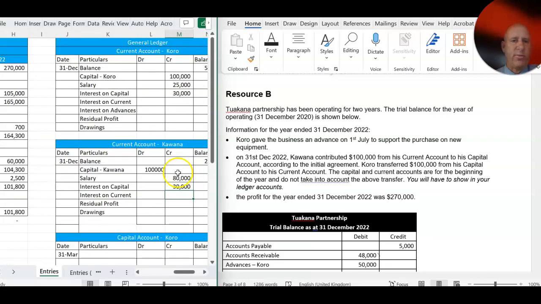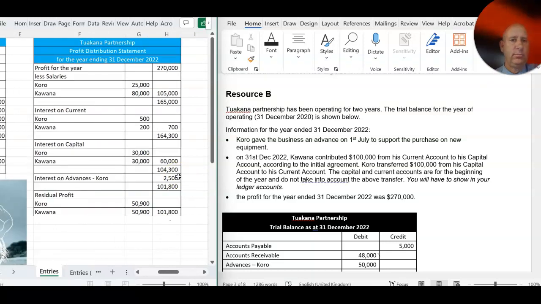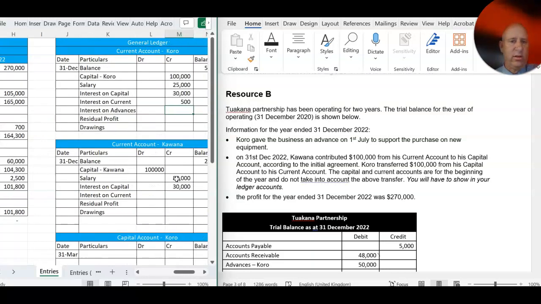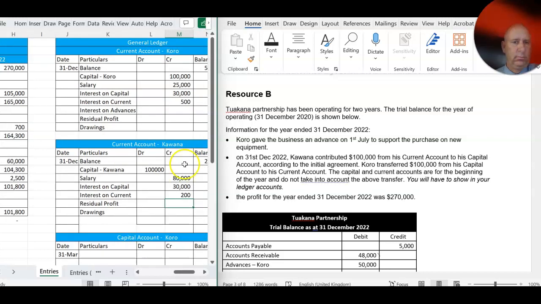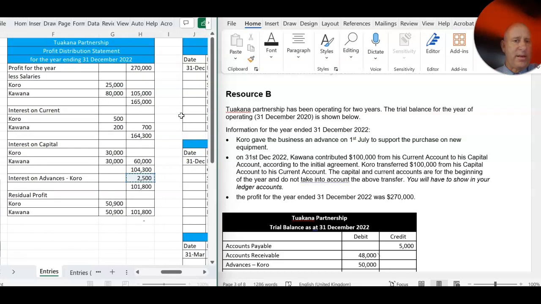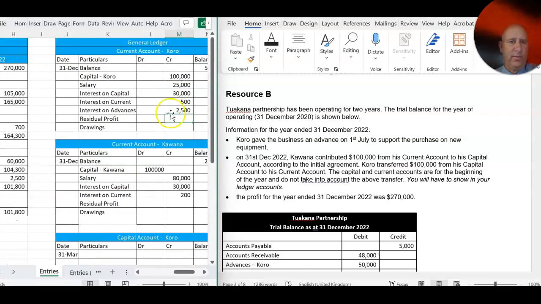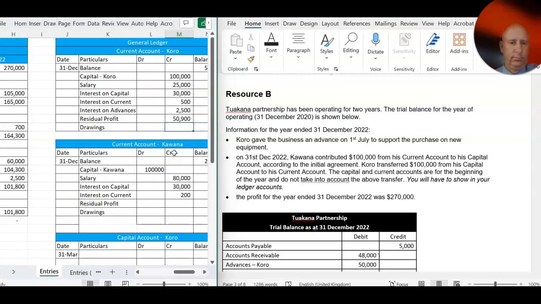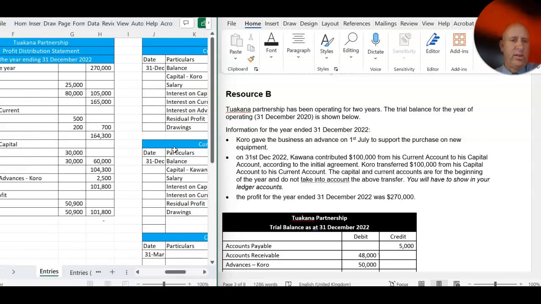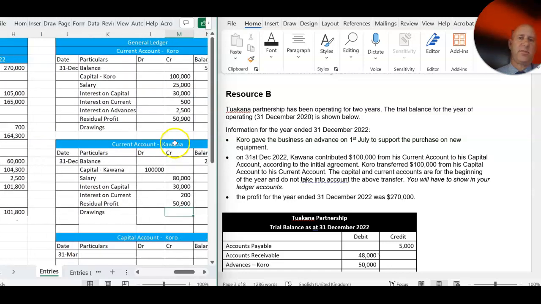The interest on current, both of them have a reward. If it was a penalty, it would be on the debit side. Koro's got the 500, and Kawana's got the 200. Interest on advance. So basically everything in this profit distribution statement has made its way through, and residual profits. Each one of these you put through, that's an extra mark, so that's great.